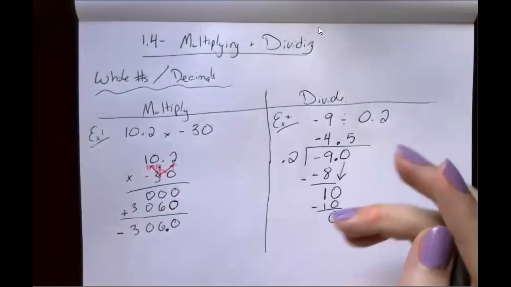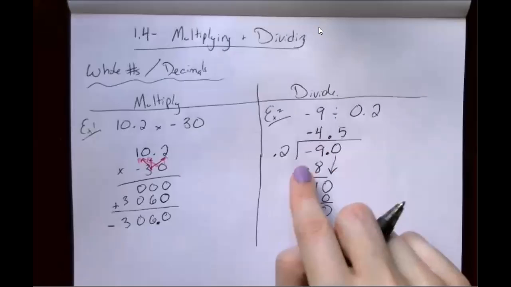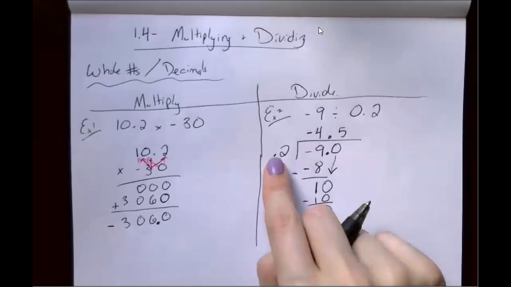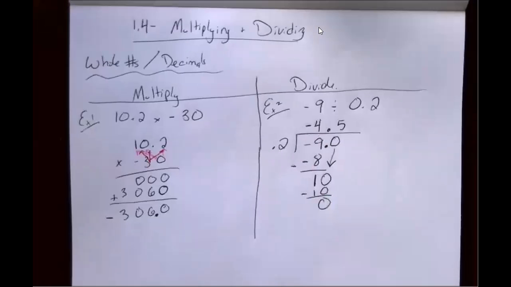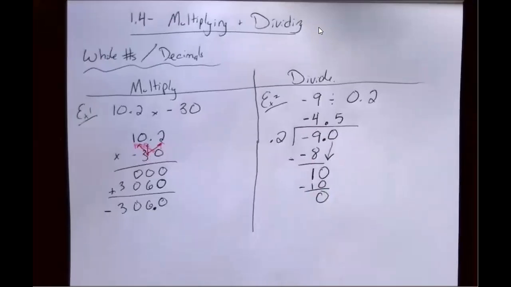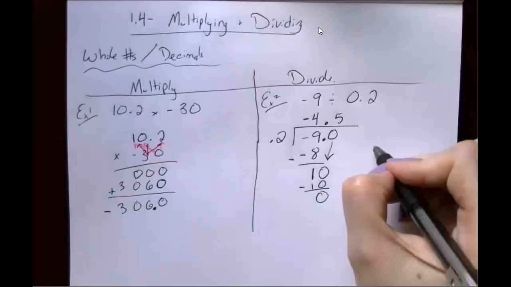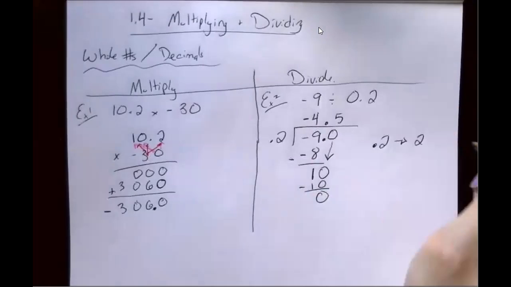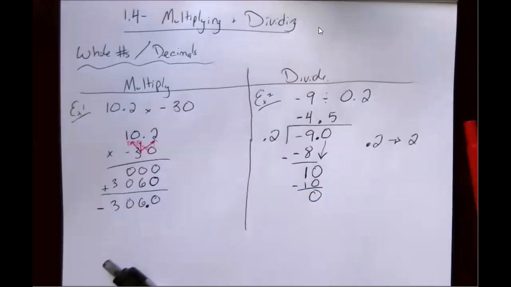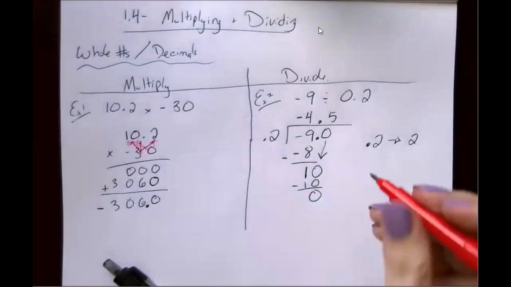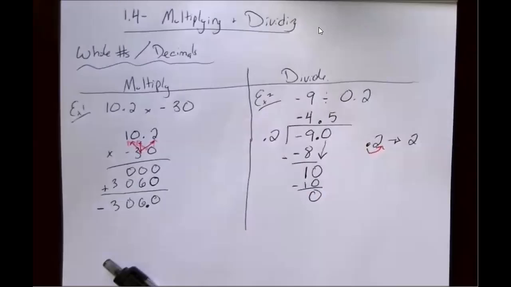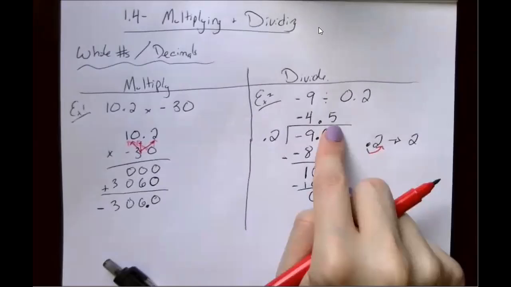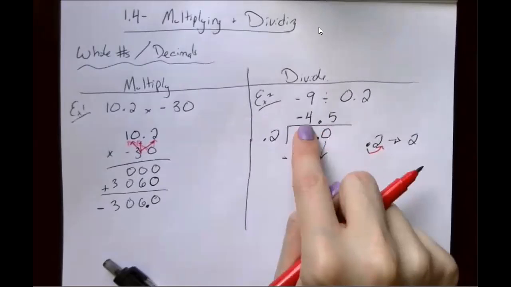Now, this actually isn't the final answer in this case because we started off by ignoring the fact that that was a 0.2 and not a 2. So because we had 0.2 and yet we were pretending it was an actual 2, what we essentially did was move that decimal one place over, which means we have to do the same thing with this decimal up here that was in our answer.